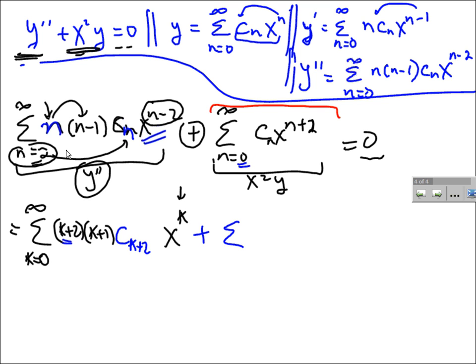Now, when n is 0, that power is going to be 2. And since I want x to the k, I should let k start at 2. If the k starts at 2, well then of course that will be 2. Now, n should start at 0. The subscript should start at 0.